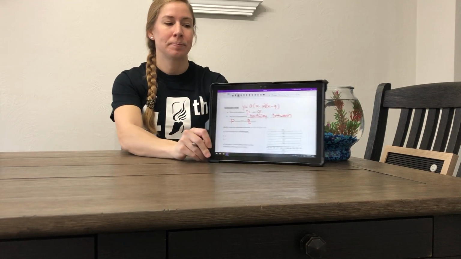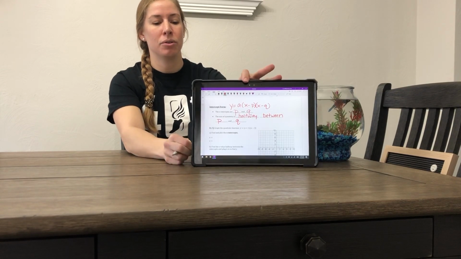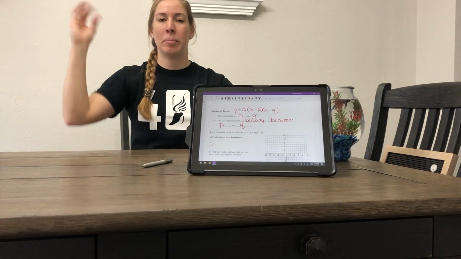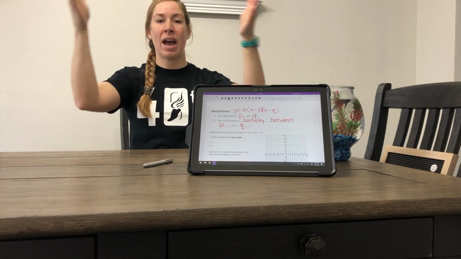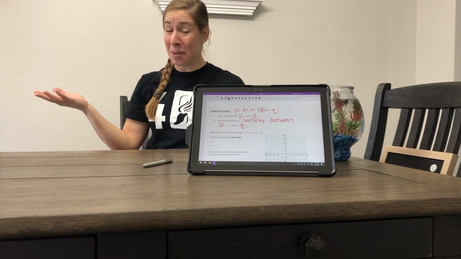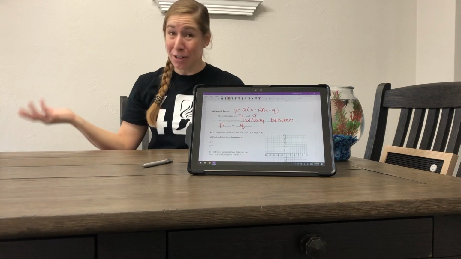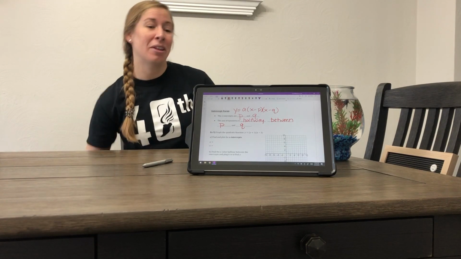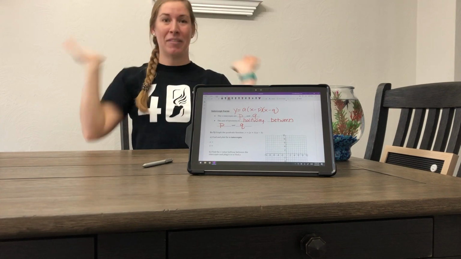So basically, you have your two x-intercepts, p and q, and you know that halfway between them is the axis of symmetry, and what falls on the axis of symmetry? The vertex. So we're going to be doing a little bit of find the middle.